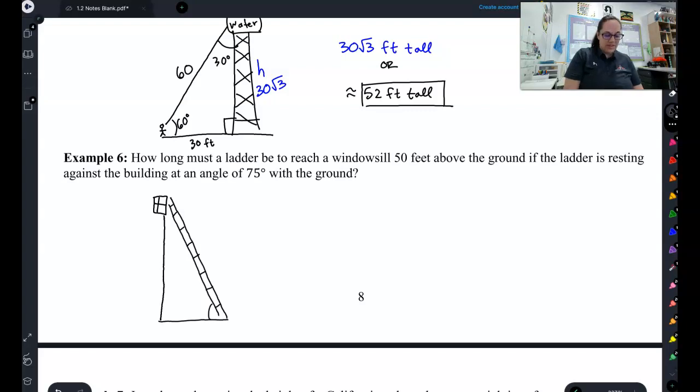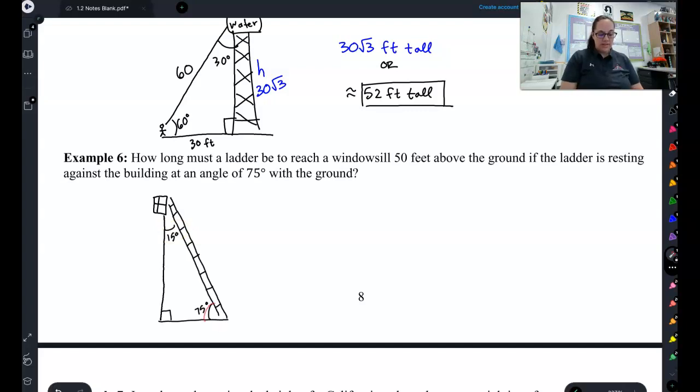And we want 75 degrees with the ground. Now, we know that if this is 75, this is going to be 15. Notice, or if you remember, all angles of a triangle need to add to 180. So we could do 180 minus our 90 right triangle minus 75, and that gives us 15 up here.